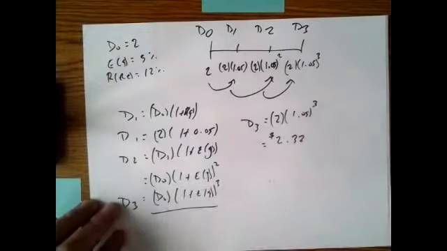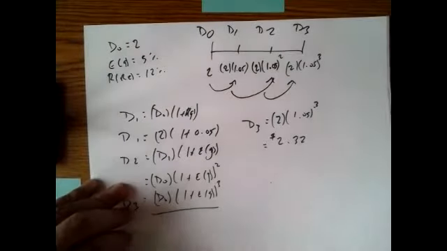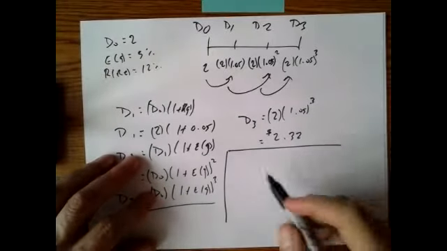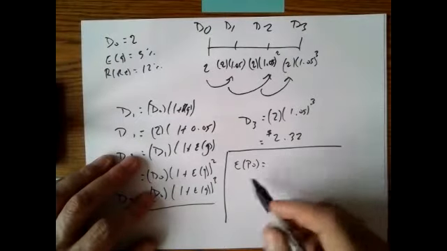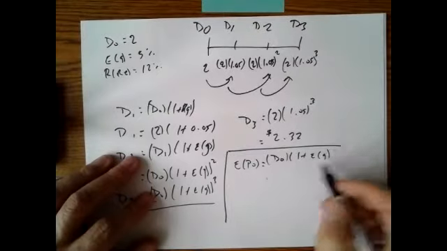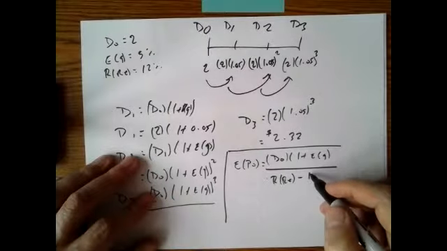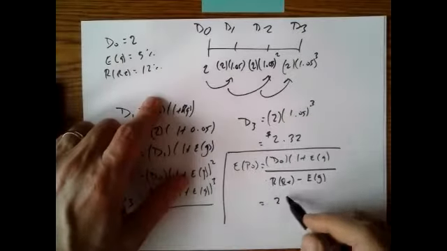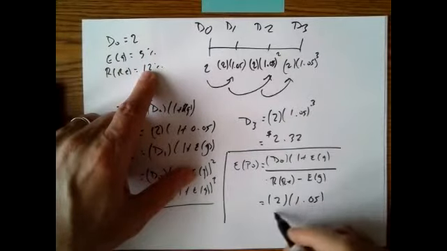Okay, so the formula for the value is P0 equals D0 times 1 plus the expected growth rate, divided by RE minus EG. D0 is 2. The growth rate is 0.05, so that's 1.05.